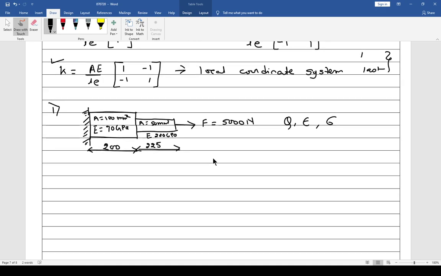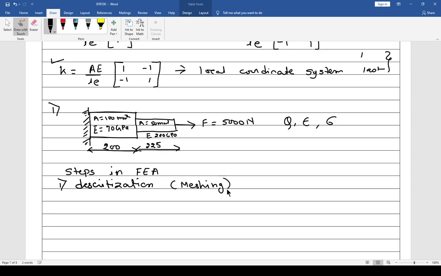So the first step is the discretization phase. So I am going to write steps in FEA. First step is discretization, and more commonly called meshing.